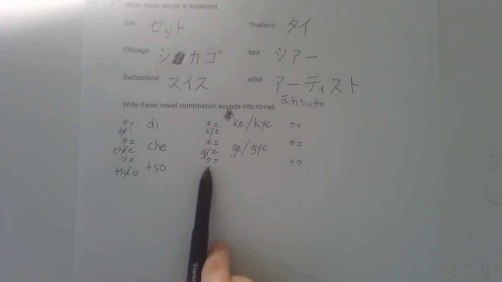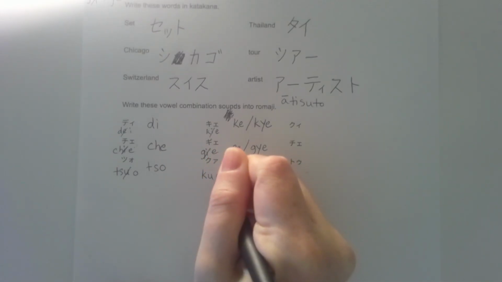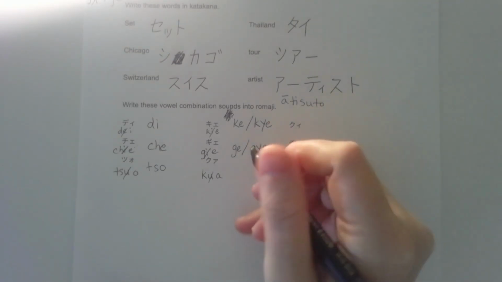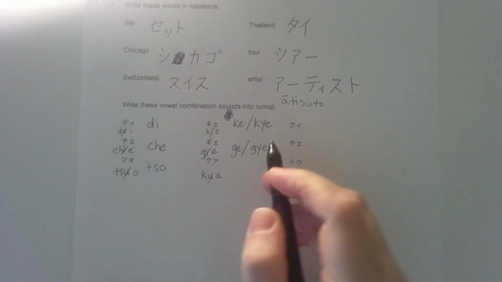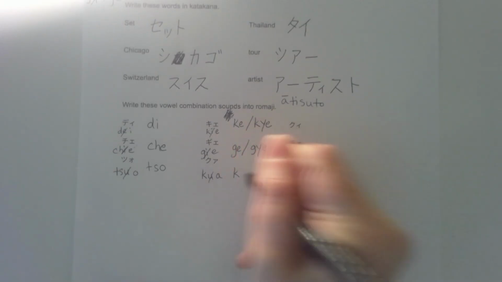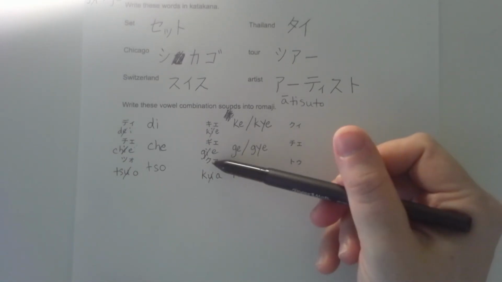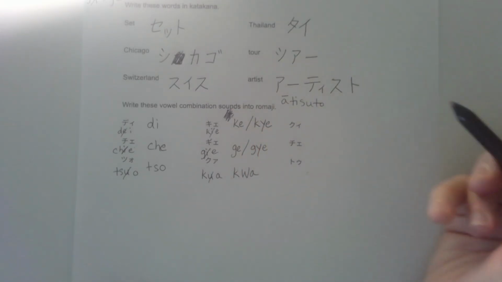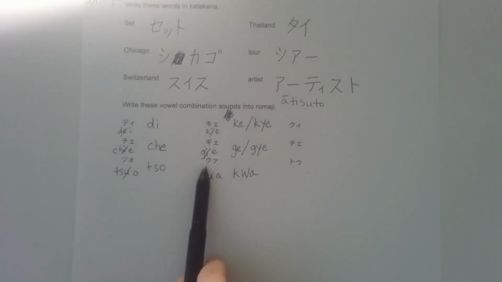Right here we have a ku and a small a, but no more u sound. It's going to be kwa. Ku and a make kwa. What I'm doing doesn't really work for this one. We're going to make it kwa, because I know there's no w here, but when you sound it out, ku and a makes kwa.